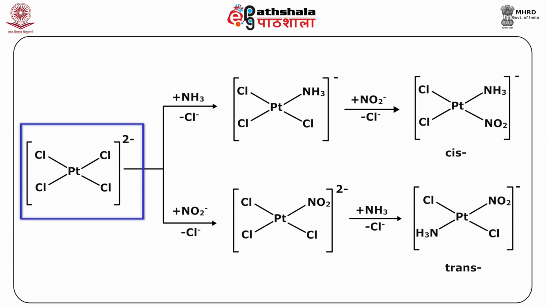How? Tetrachloroplatinate PtCl4 2 negative is first of all treated with one molecule of ammonia. As I told in the previous module, since the tetrachloroplatinate has dipole moment 0, one of the chloride ligands is dissociated away and ammonia simply takes the place of this dissociated chloride minus.